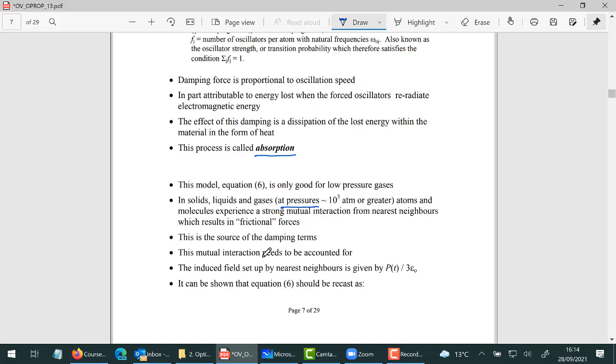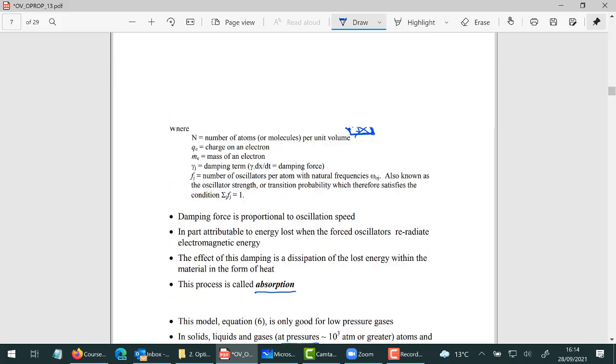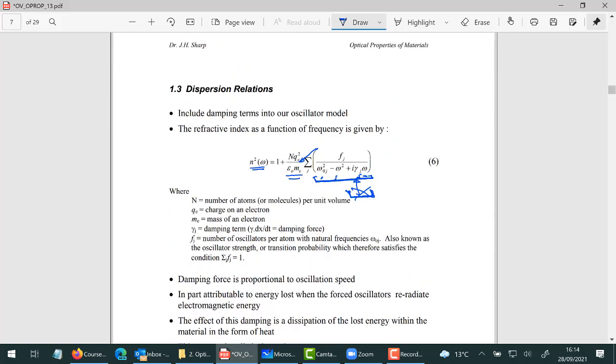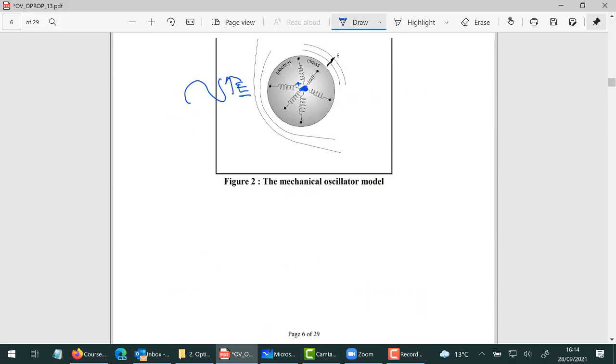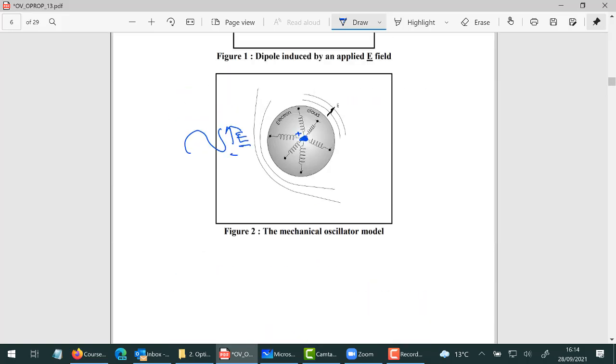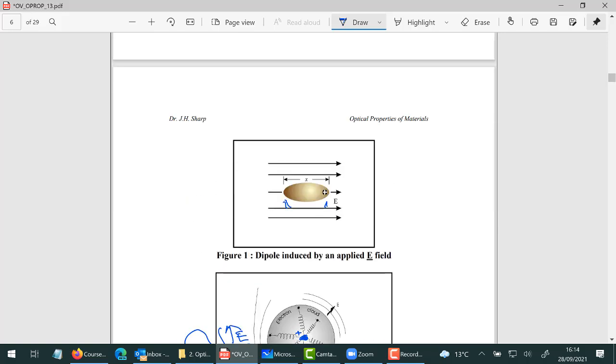So the electric field is produced not just by the electric field that's coming in. If we apply an electric field here, then a counter electric field is also produced within that atom.